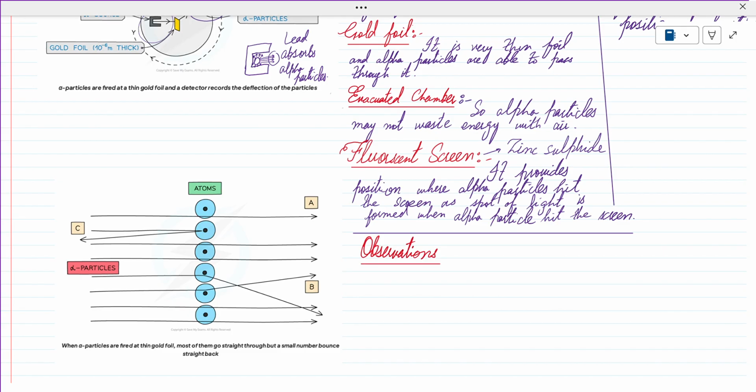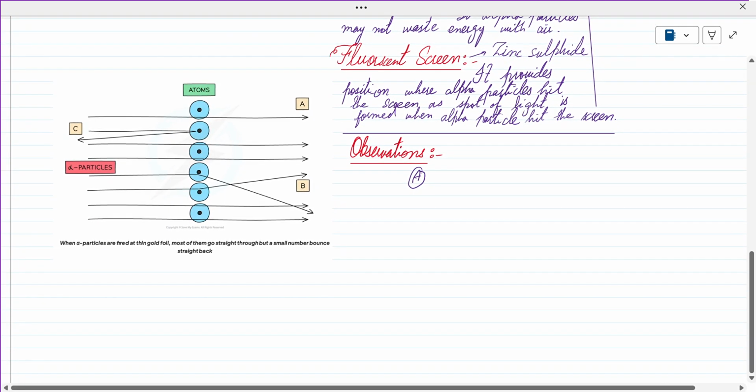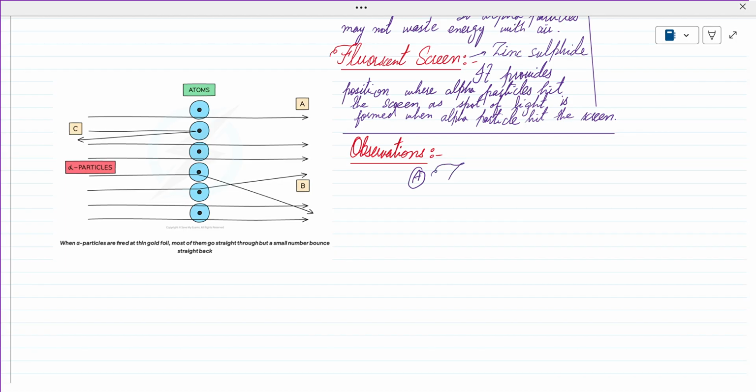The first observation is the particles in category A. In category A, the majority of the alpha particles went straight through.